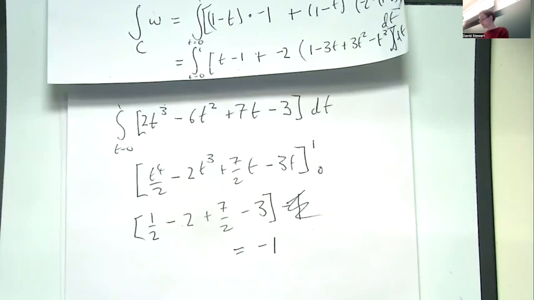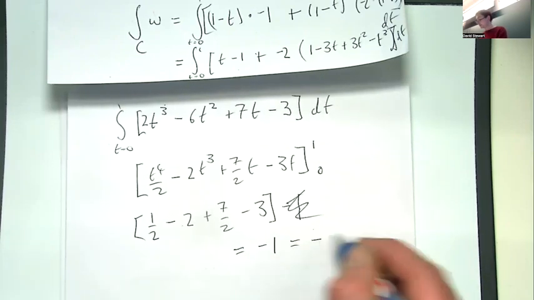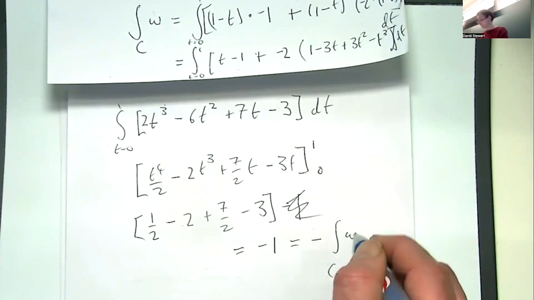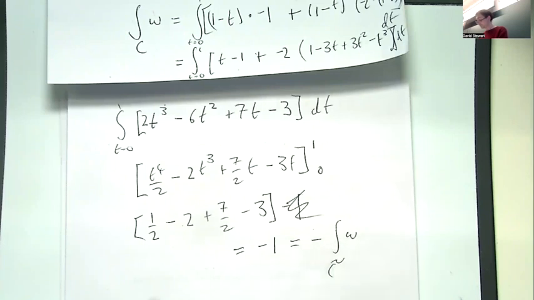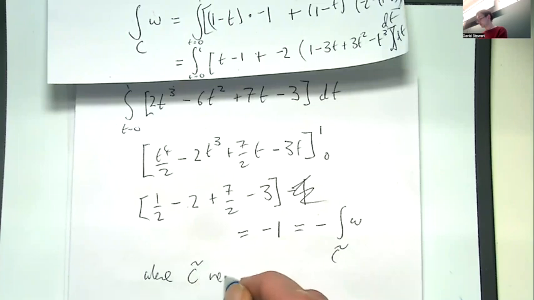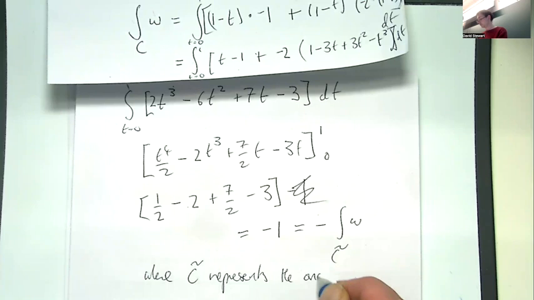And that is exactly minus the first curve that we had, where C tilde represents the original orientation.